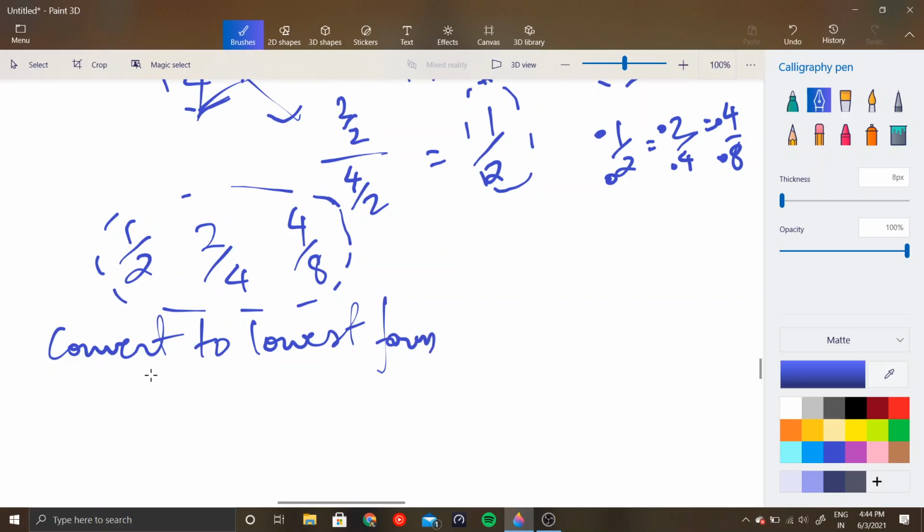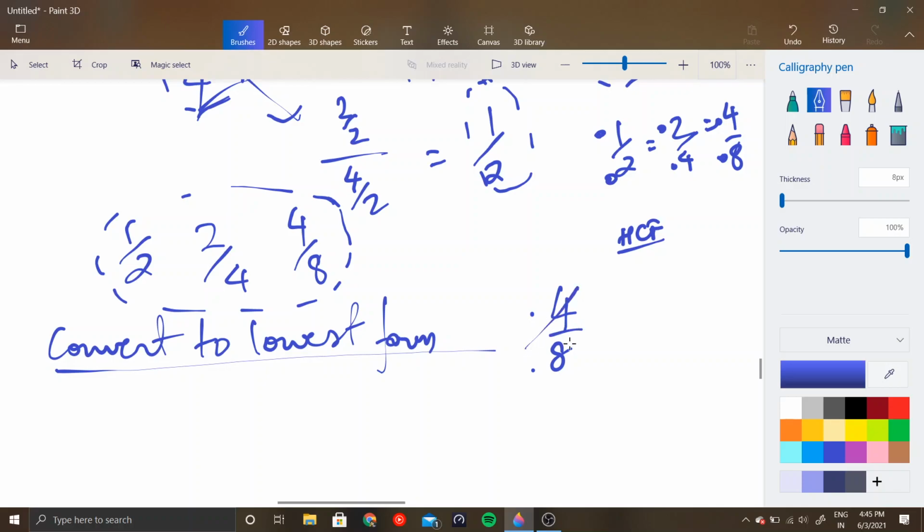The formal thing is how to do it. You have a fraction, suppose like this. What you will do is find out the HCF of 4 and 8. So what is the highest common factor that can divide 4 and can divide 8, right? After a point of time it becomes intuitive, but right now just find the HCF. So the HCF of 4 and 8 is obviously 4.